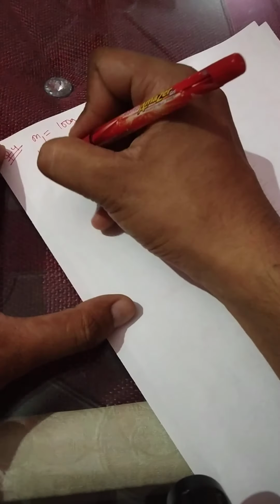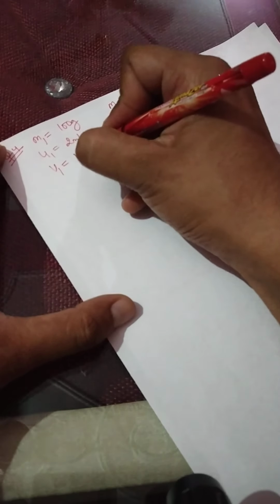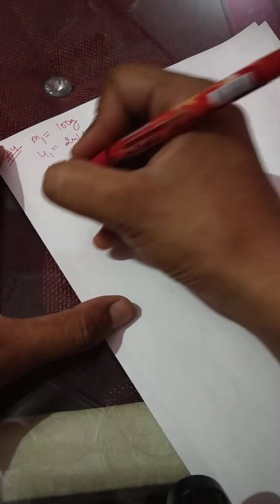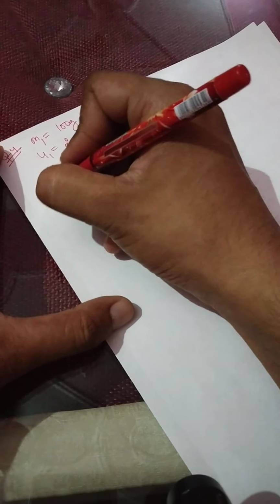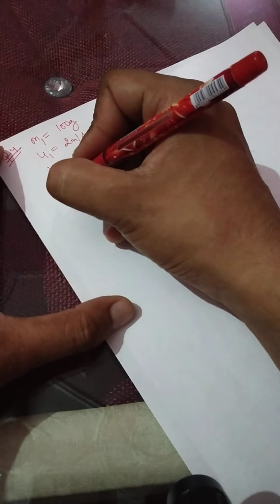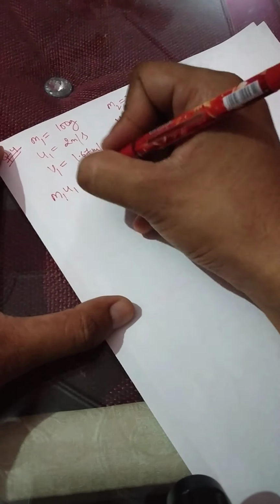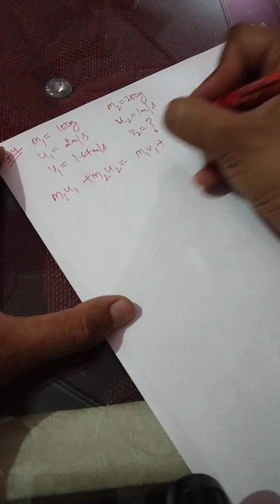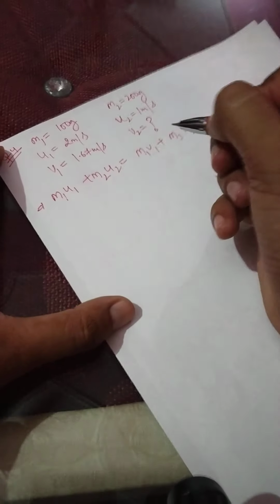They collide, and after the collision, the velocity of first object is 1.67 meters per second, and that of second object we have to find out. We will use law of conservation of momentum, which says momentum before impact is equal to momentum after impact. We'll use this formula, m1 u1 plus m2 u2 equals m1 v1 plus m2 v2.